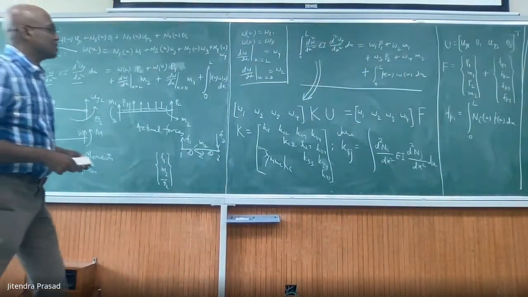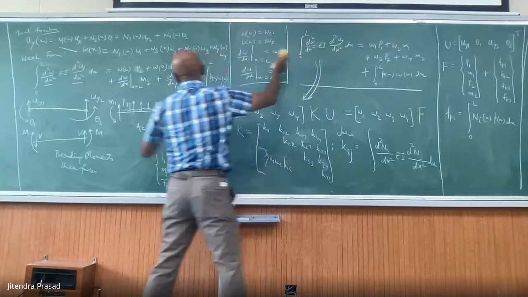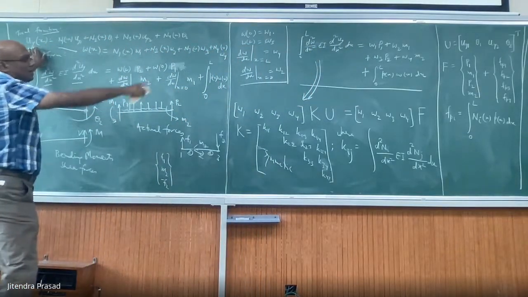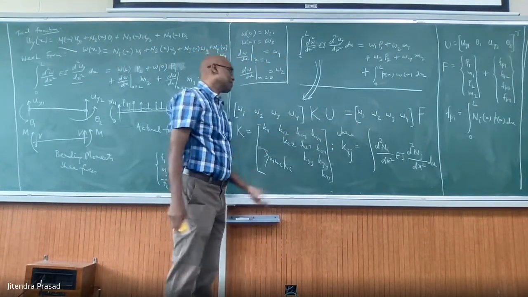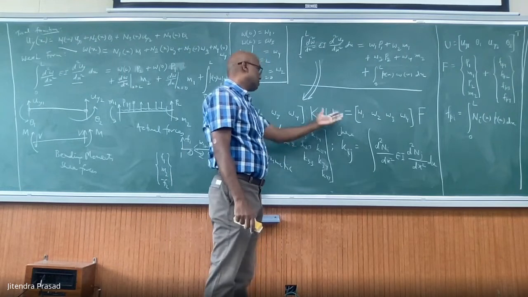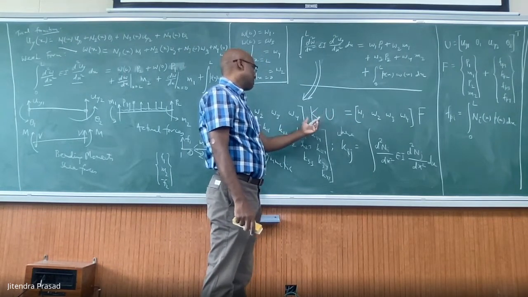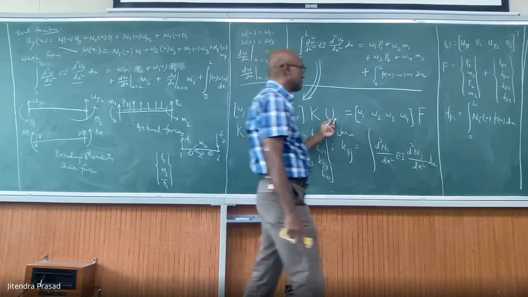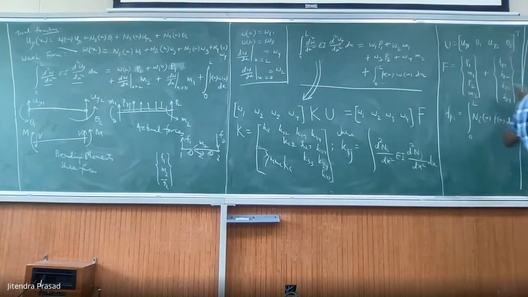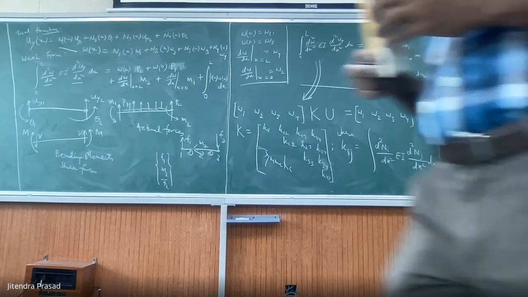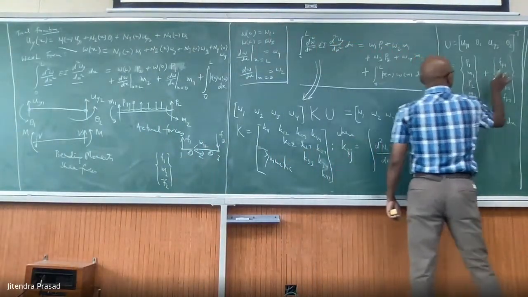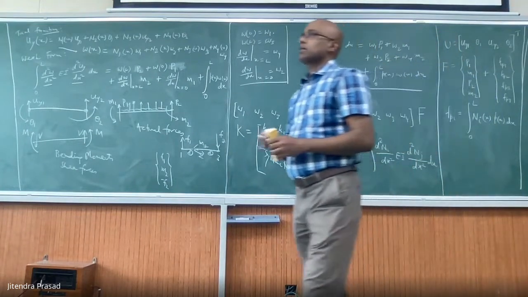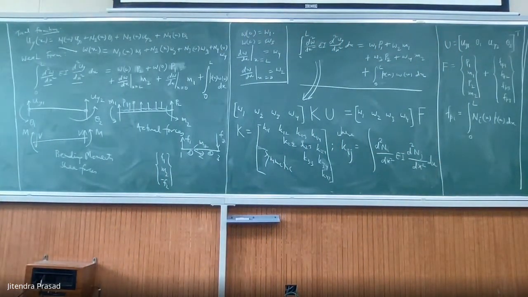This is all because of this equation. If you put these W and Uy, automatically you get this equation. You have the stiffness matrix, U vector, equal to F. F will have two components, one coming from the reaction forces and moments, and the other because of the distributed load.